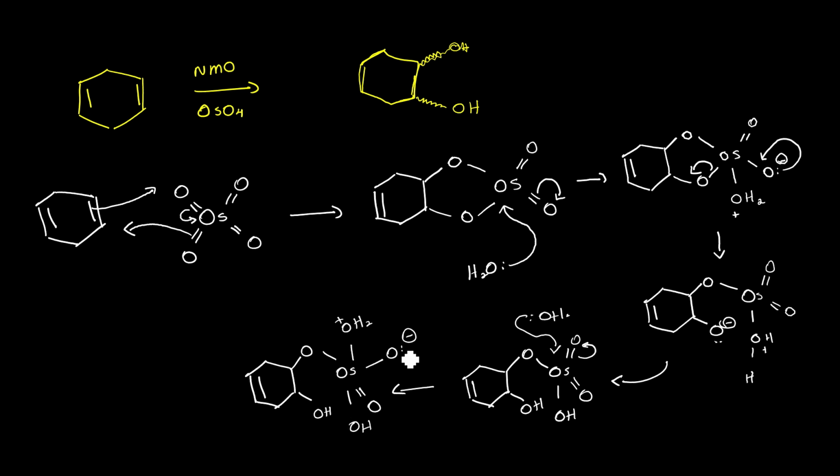Right? Now this lone pair will come back to form a double bond with osmium, and due to that, the osmium needs to break one of its bonds. So this bond will be broken. I will draw the new structure here. We have OH2, positive charge.